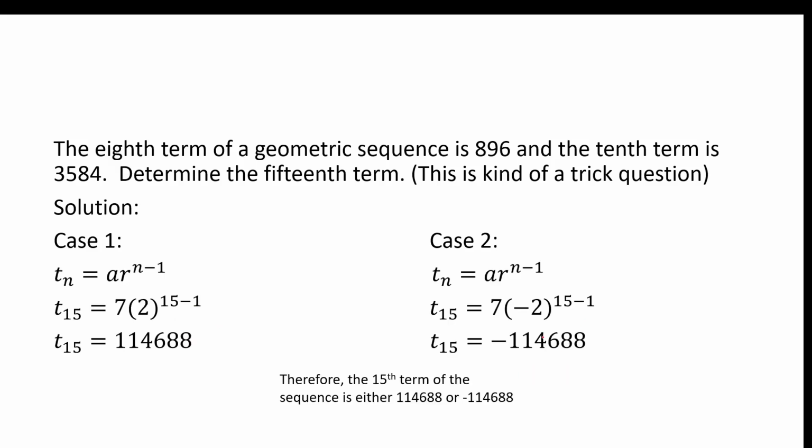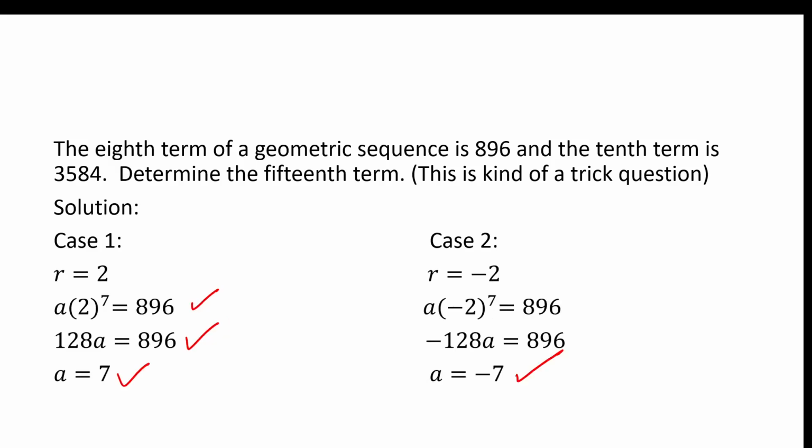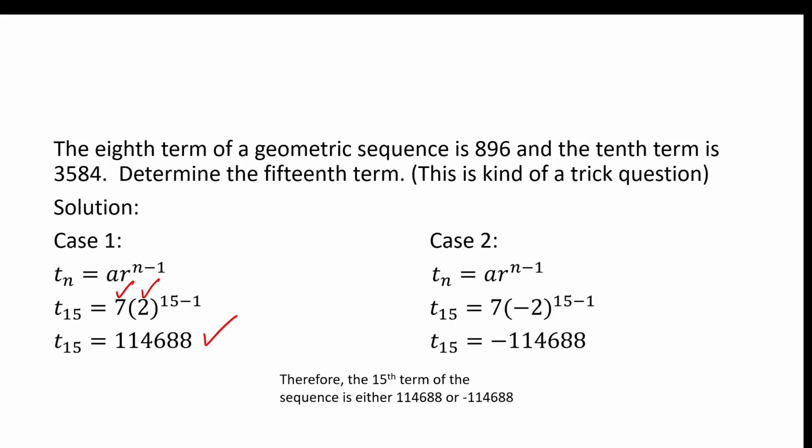So we have a case where A is 7 and R is 2, and the 15th term is 114,688. And we have another case where A is, sorry, this should say A is -7 and R is -2. Sorry about that, little typo. A is -7, R is -2. And when you plug that in, the answer is actually correct, as you see there, negative 114,688.